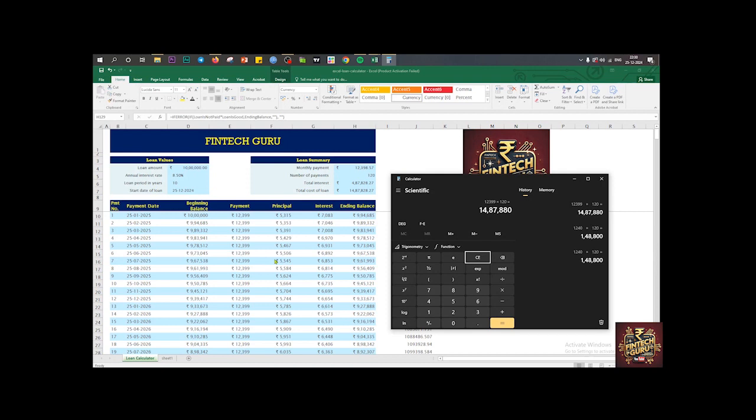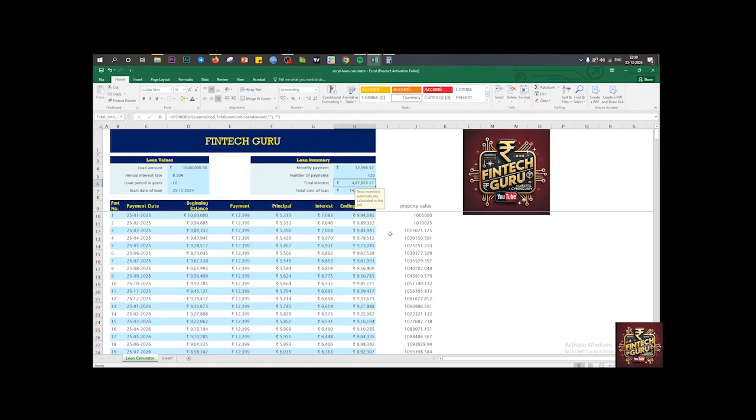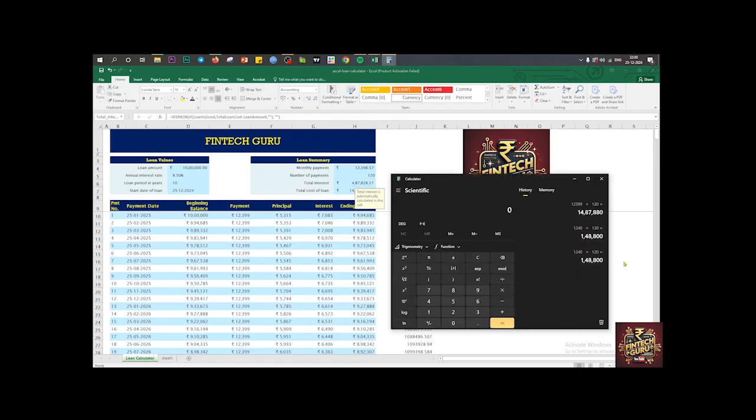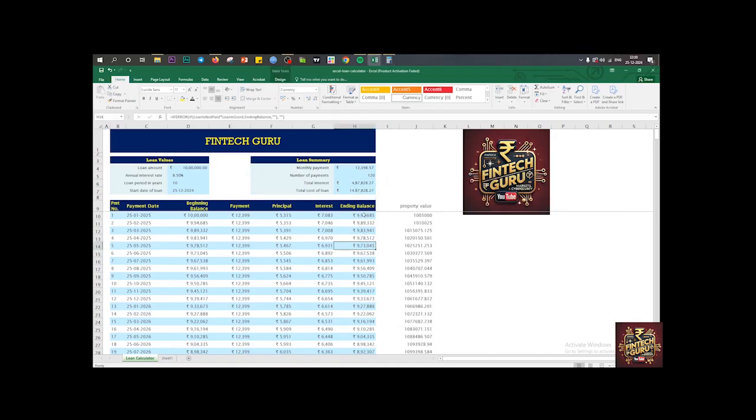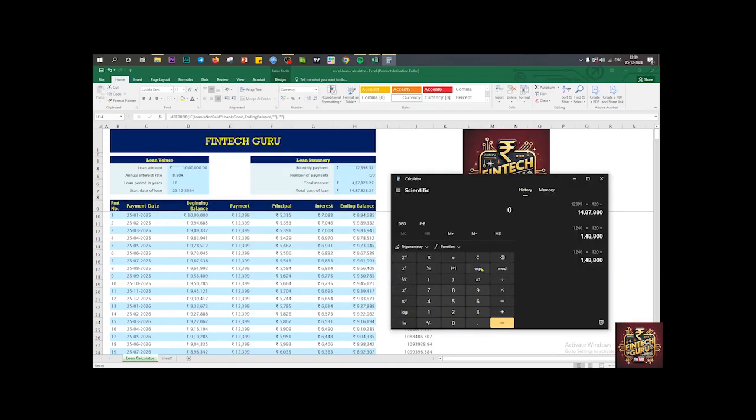So how much are you paying for that interest? It is this amount, 4,87,000 rupees. So how much you would actually have paid is 14.87 plus 4.87, so 19.7 lakh rupees, almost 20 lakhs.